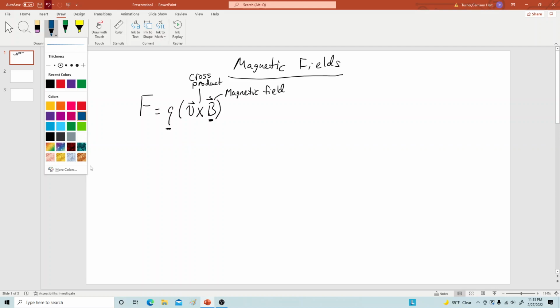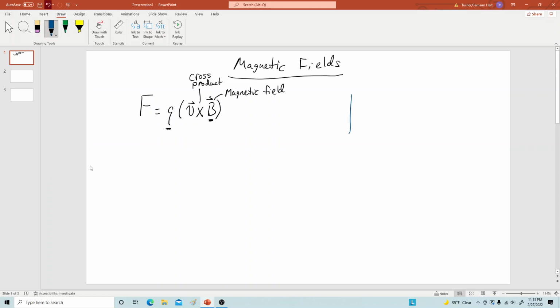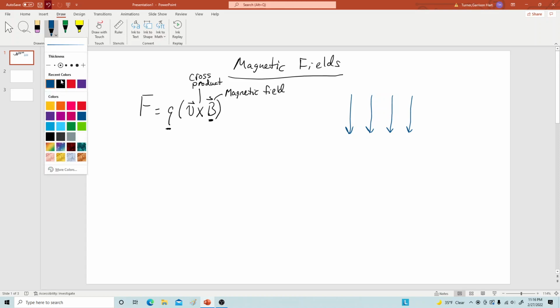So if I have downward acting magnetic fields, and I inject, let's use red for the charge, and if it comes up, there we go.